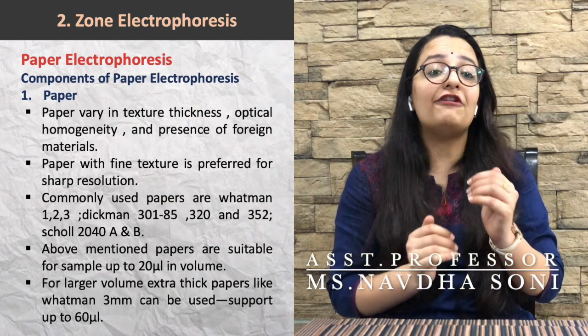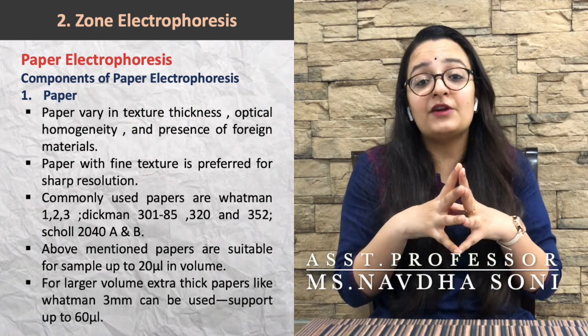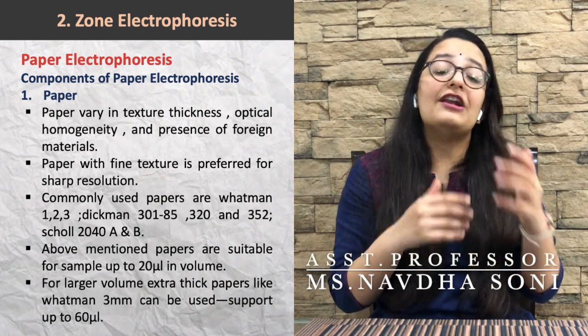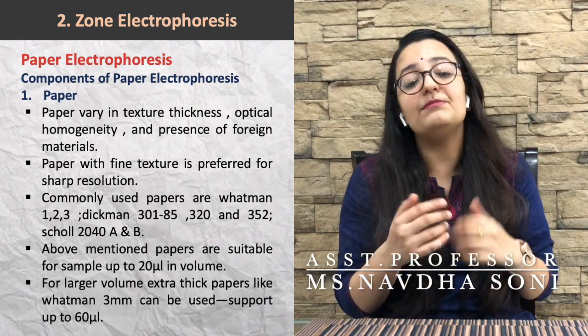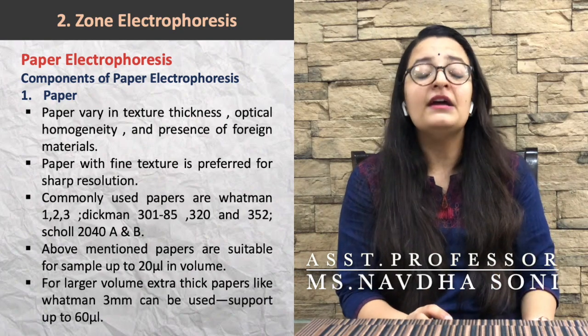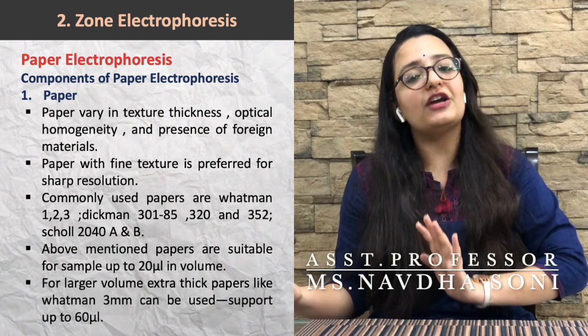But sometimes a larger volume is required for better separation. For larger volumes, extra thick papers like Whatman 3 MM can be used as the support medium, and they carry up to 60 microliters of the sample.